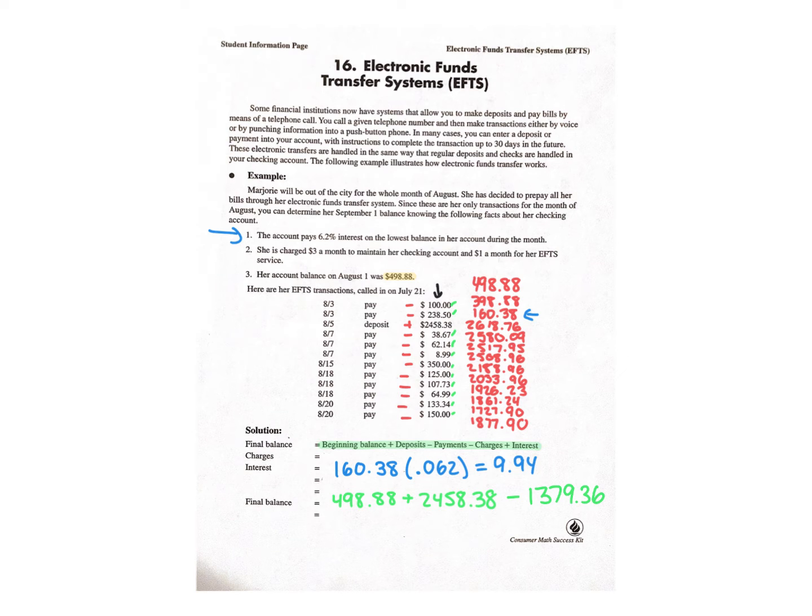The next thing says any other charges, and that comes from here. She's charged $3 a month to maintain her account and $1 a month for her EFTs. So she is charged $4 a month. And then we're going to add in any interest. So we're going to say that she gets that $9.94. So in total, she gets $1,583.84.